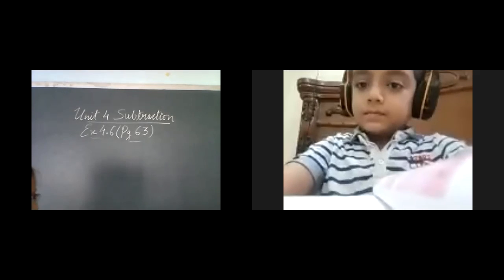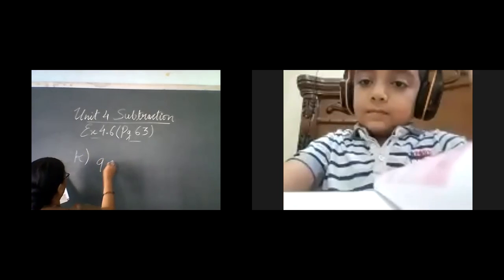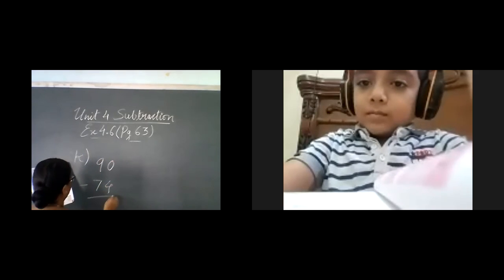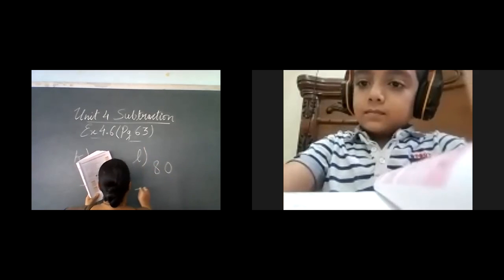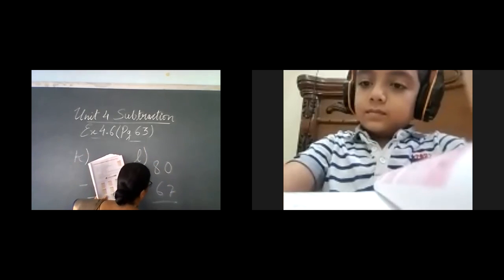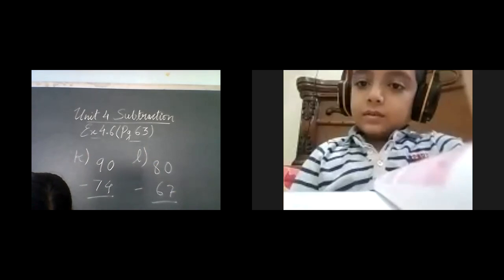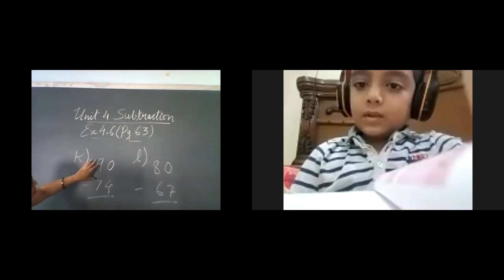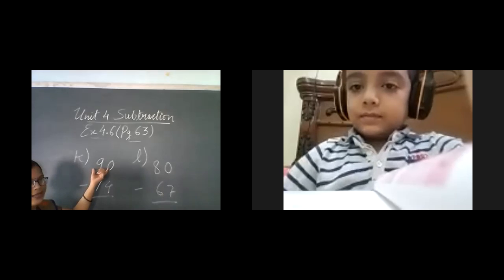I and J are done. Now solve fast, Abhigyan. The time is up now. Here we have to subtract 74 from 90.